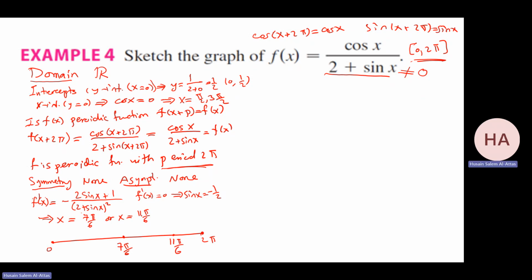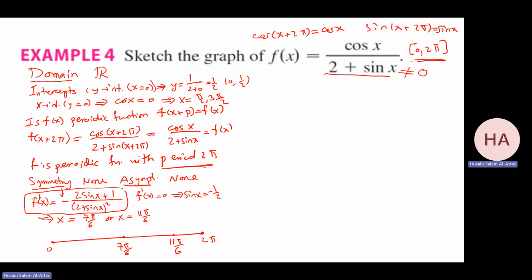Check the signs. Between 0 and 7 pi over 6, I'm checking this function. Don't forget the minus sign. Okay. Between 0 and 7 pi over 6, I'll take a point like pi, for example, which is 6 pi over 6.